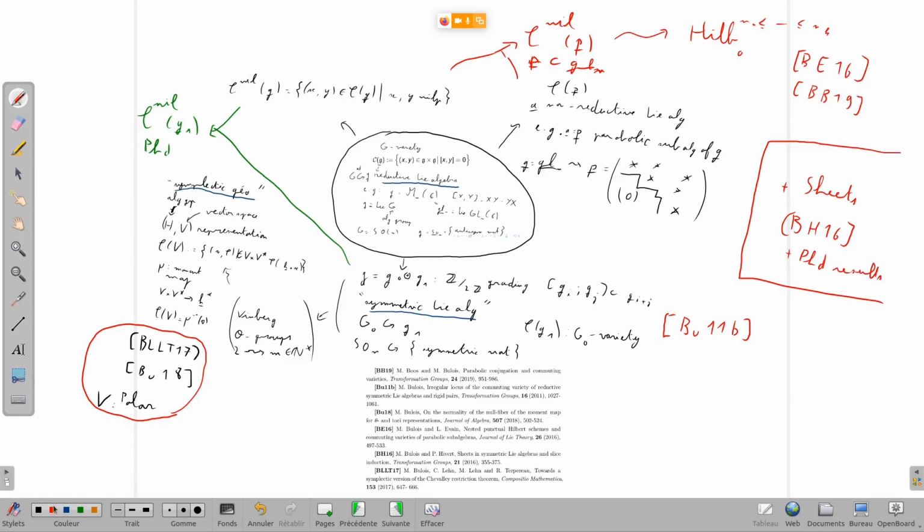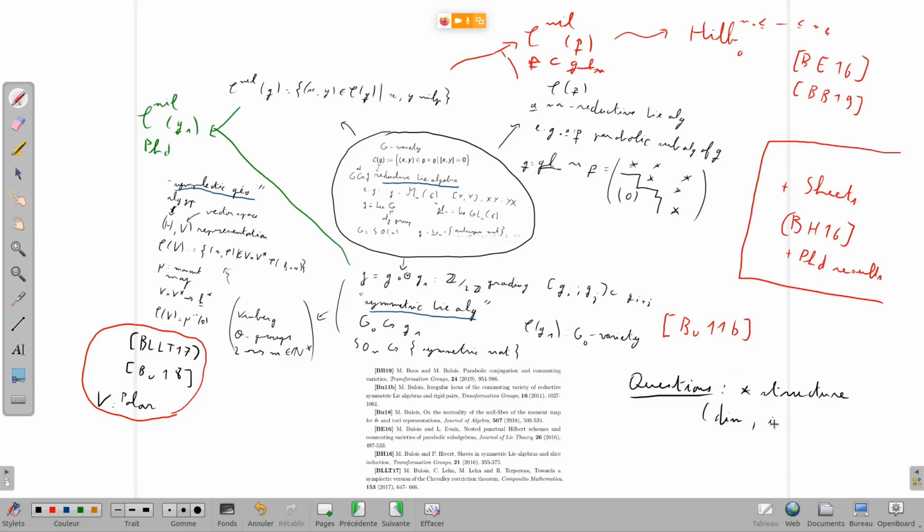And what are the questions we are studying about the commuting variety? First, there is the question of the structure of this variety. Let's say set theoretically or some easy geometry. So we can ask for the dimension of this variety involved.